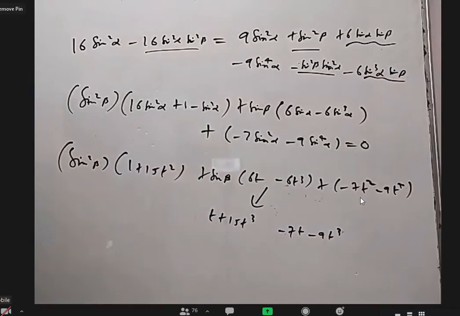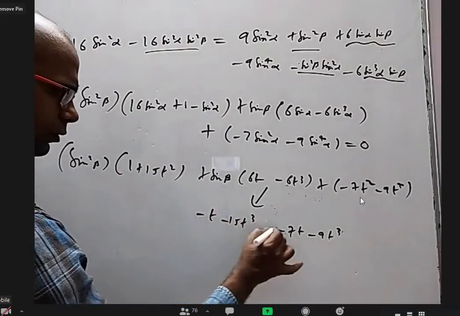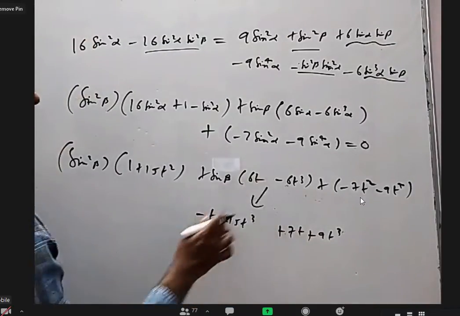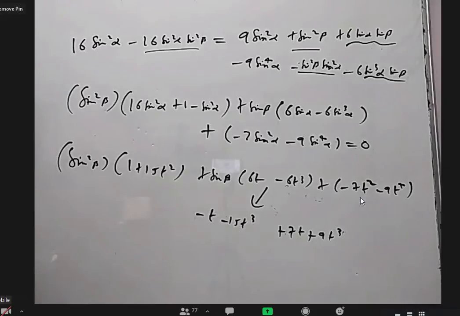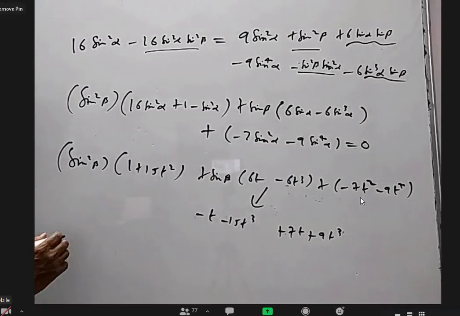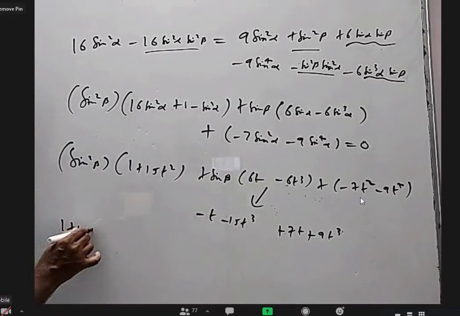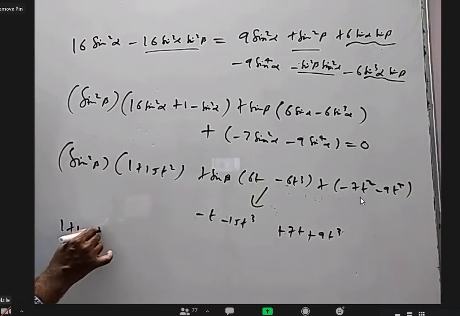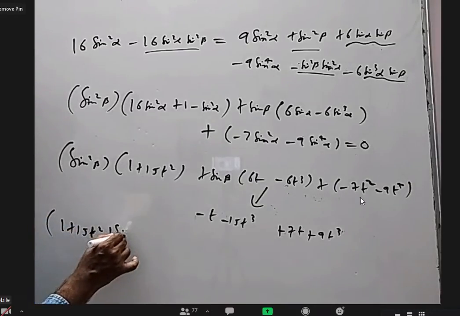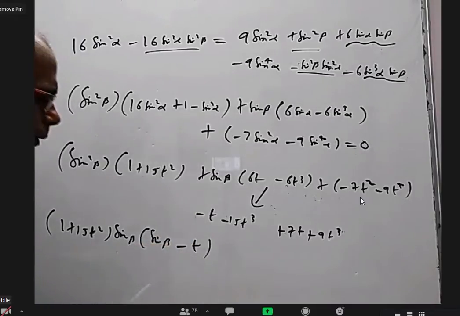What is their sum? Okay, so I'll take minus for this, plus for this. Yeah, I want to write this as these two. Now what happens when I take this into this separately, this into this separately? From this, what can I take common? 1 plus 15 t square, 1 plus 15 t square. So if I take 1 plus 15 t square common and 1 sine beta common, I will get sine beta minus t.